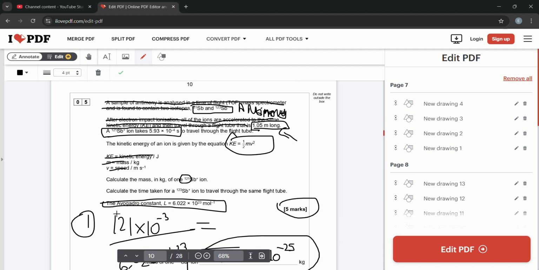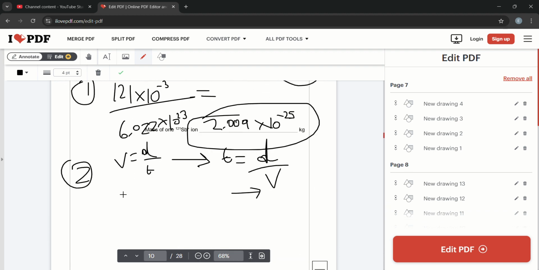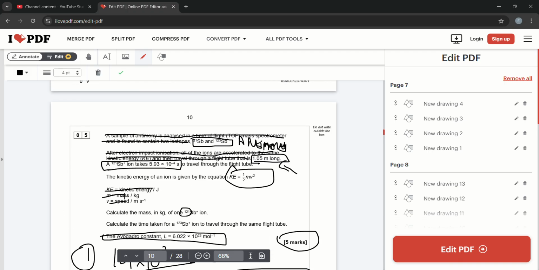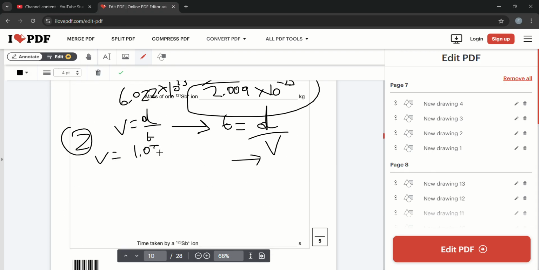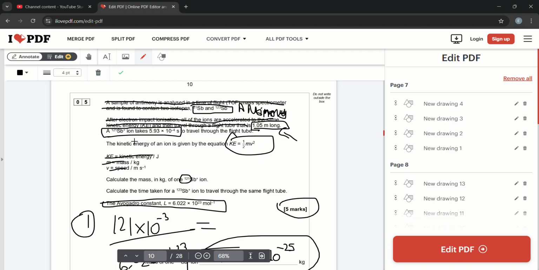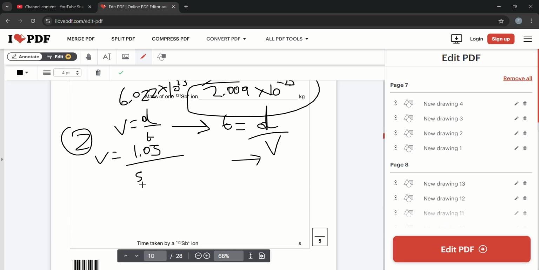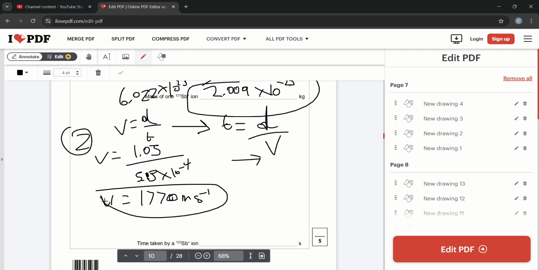So the velocity of this ion is going to be distance 1.05 divided by time for the 121 Sb plus ion, 5.93 times 10 to the power minus 4. That's the velocity in meters per second, okay?